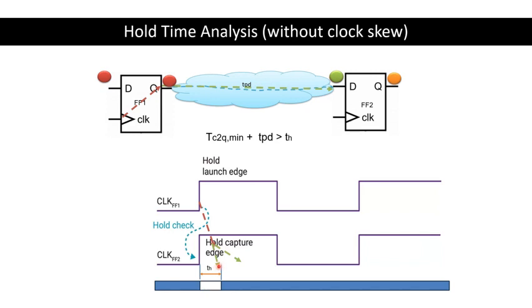So this is not a good case because this means the new signal coming from the launch flip-flop reaches the D input of the capturing flip-flop too fast. The old value stays not long enough, so it will not guarantee the transfer of the data at the flip-flop 2 happens correctly. So the delay from flip-flop 1 TC to Q undergoing the TPD should be longer than the hold time, so that it doesn't override the input D of the flip-flop 2 too fast.